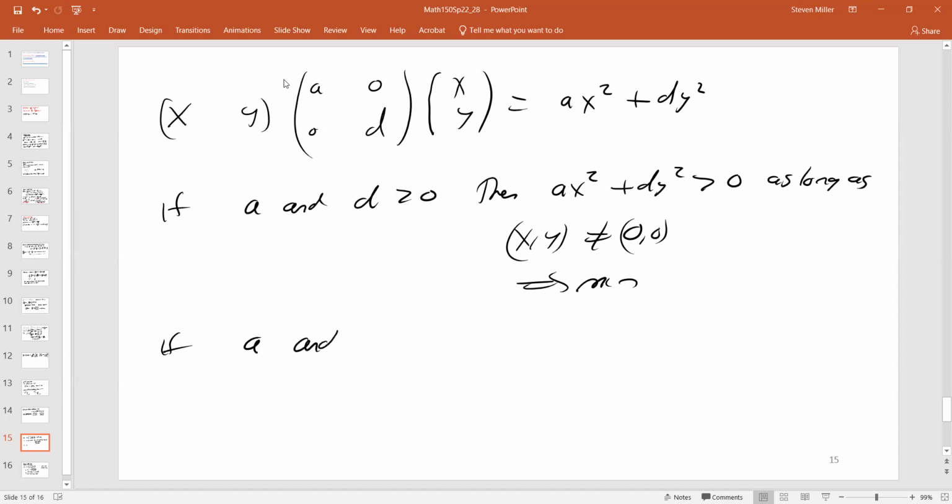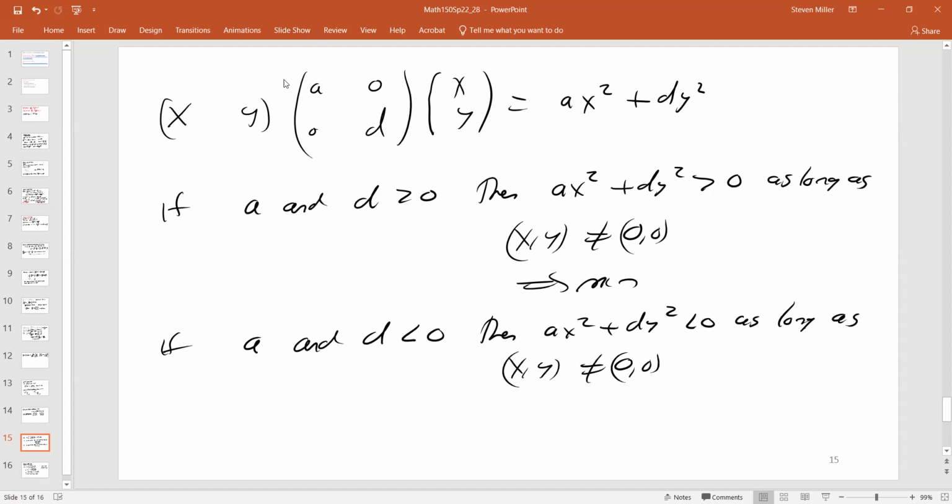If a and d are both less than 0, then ax squared plus dy squared is less than 0 as long as x, y is not 0, 0. So what do we have?